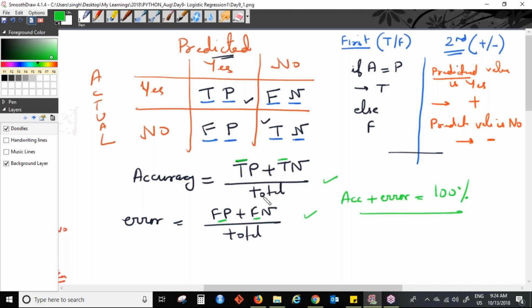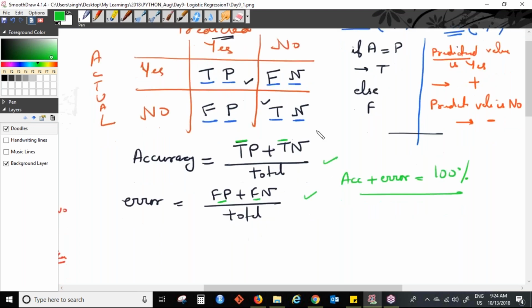We have seen that true positive and true negative are the two good parameters. Depending on the business scenario, we will try to give more importance to one of them, and accordingly we have some other parameters also.